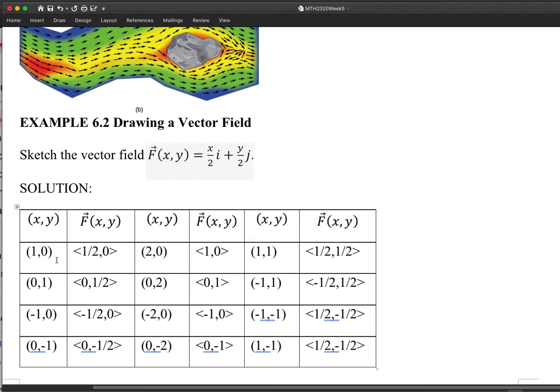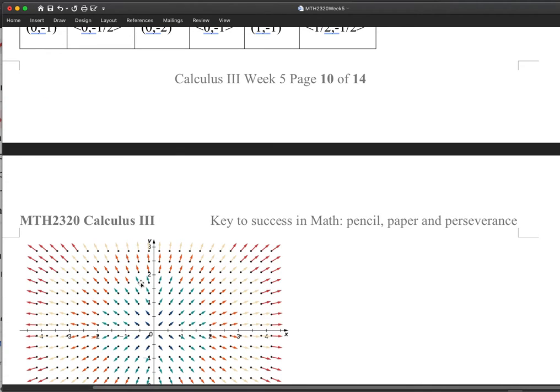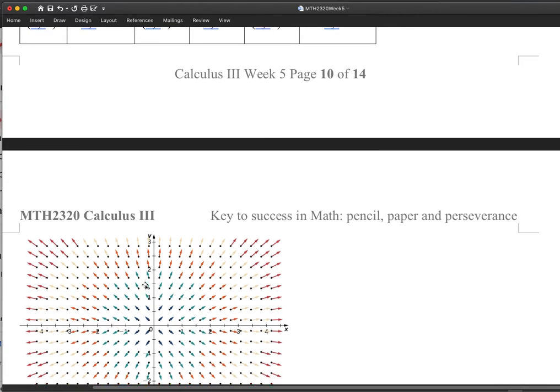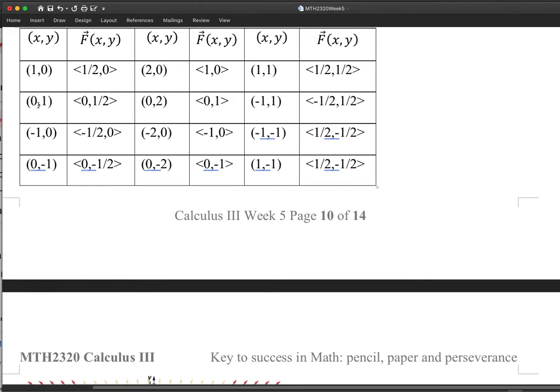And then keep in mind that at each point there is a vector. Indeed, at the point (1, 0), we have the vector (1/2, 0). It's a little harder to trace from this graph, and you really want to plot very carefully. Each point is a different vector.